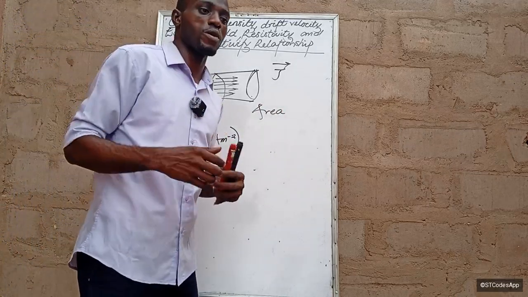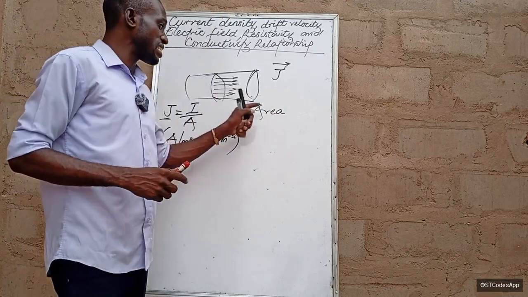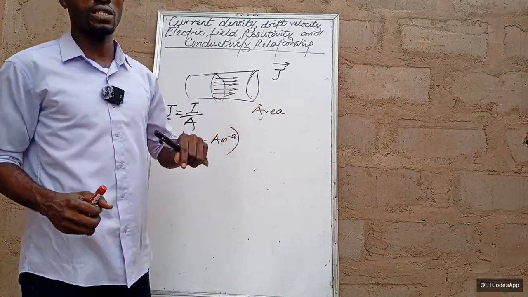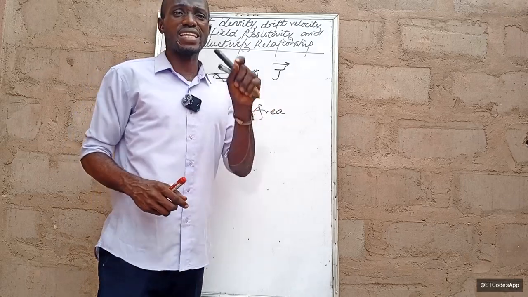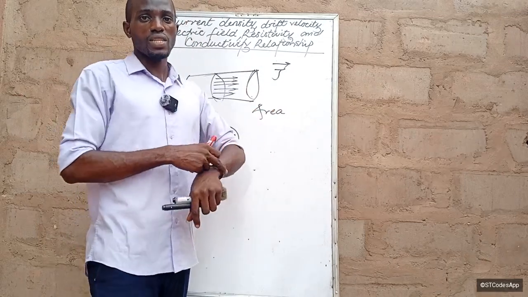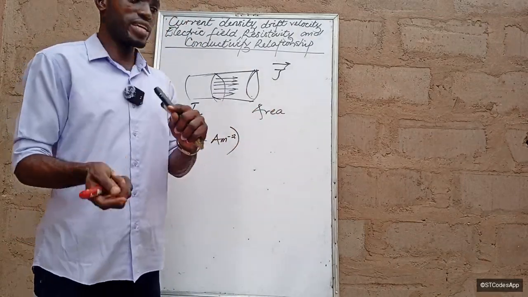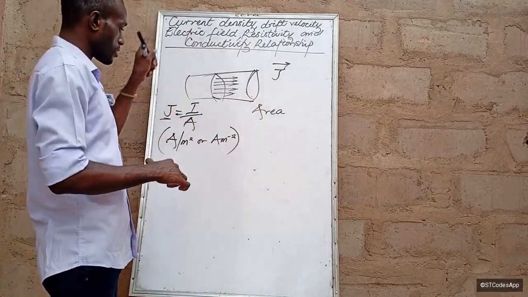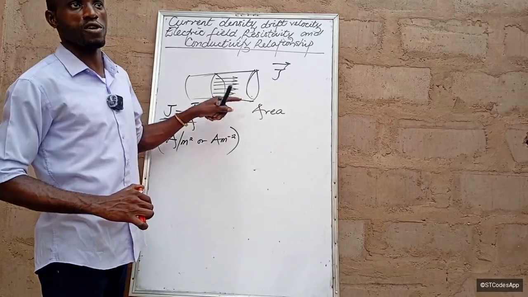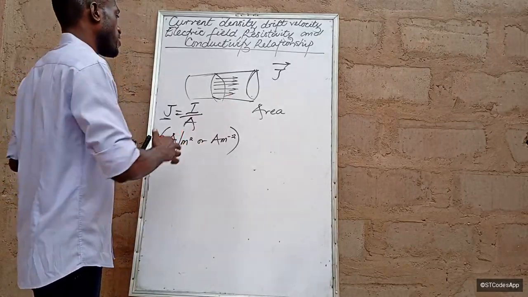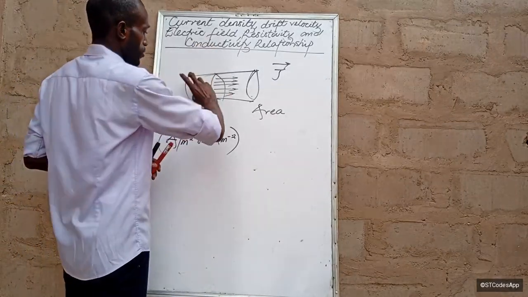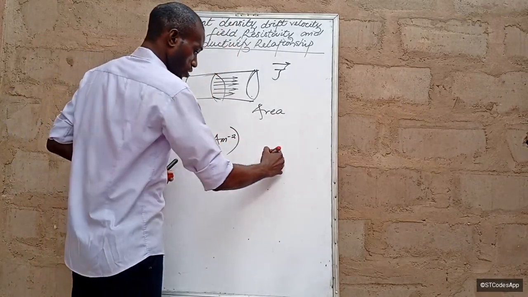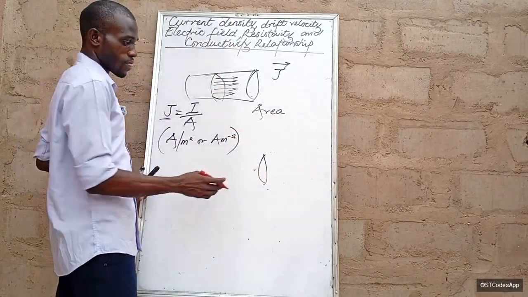It's an area vector because it is affected by direction. That is, it is directional, okay? And the orientation of this cross-section will affect our product. What that means is this: if I were able to isolate a cross-section of this wire, so I have a cross-section that looks like this.